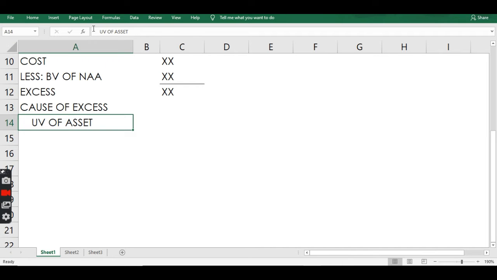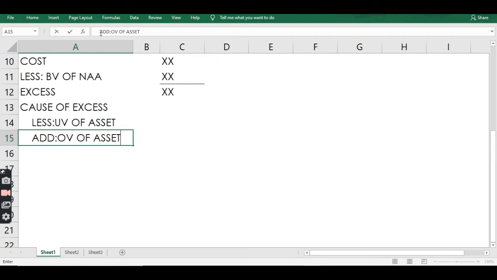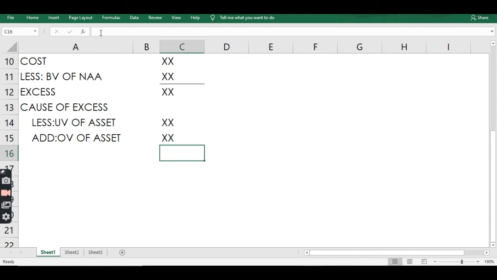So, less undervaluation of assets. Tapos, kapag may overvaluation naman, add overvaluation of asset. Okay. So, again kapag merong undervaluation, ibabawas yon. Tapos kapag may overvaluation, idadagdag naman yon.